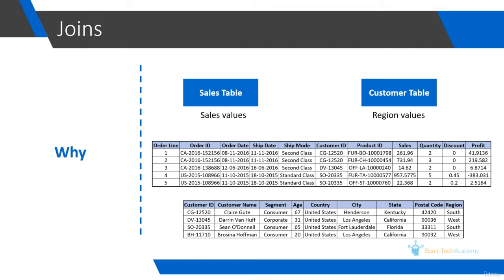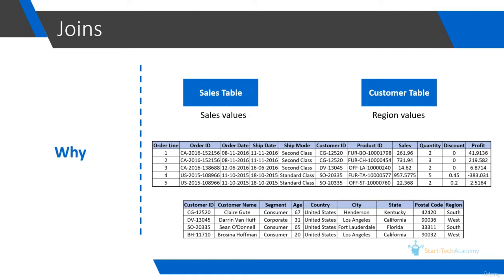If we could somehow assign region values to each of these transactions, that is, if we could assign that this transaction belongs to the south region and this transaction belongs to the west region, then we can simply aggregate the data on these regions to find the sum of sales for each region.